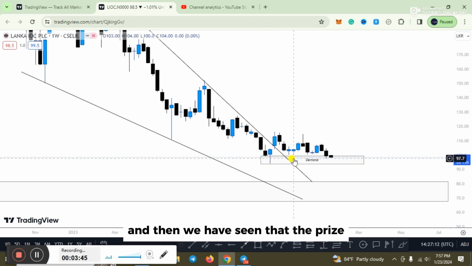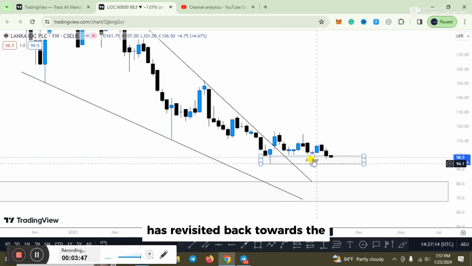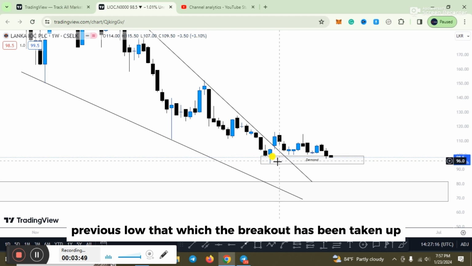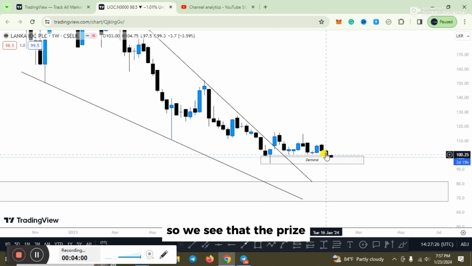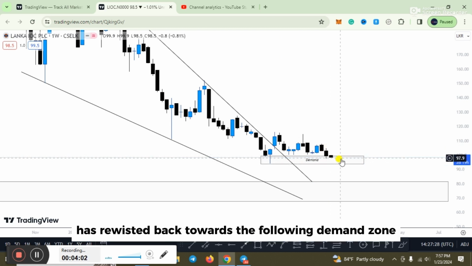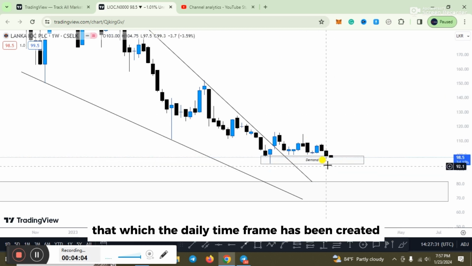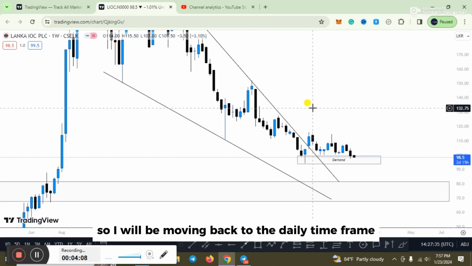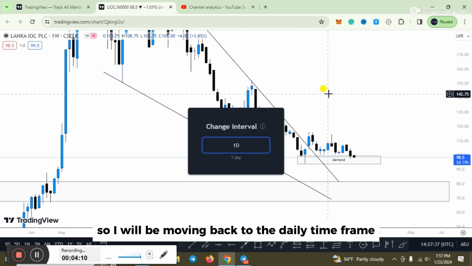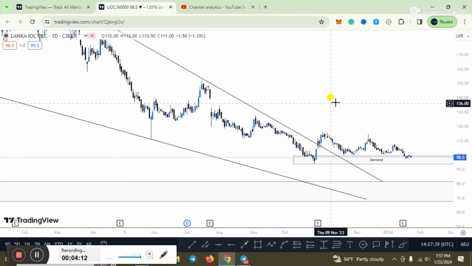Then we have seen that the price has revisited the previous low, where the breakout was taken up, and this low has been responsible for this bullish breakout. So we see that the price has revisited the demand zone that the daily time frame has created. So I will be moving back to the daily time frame.